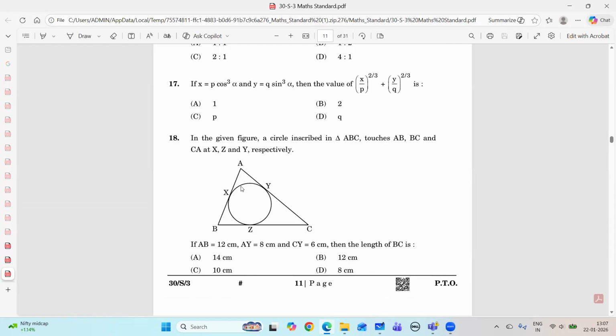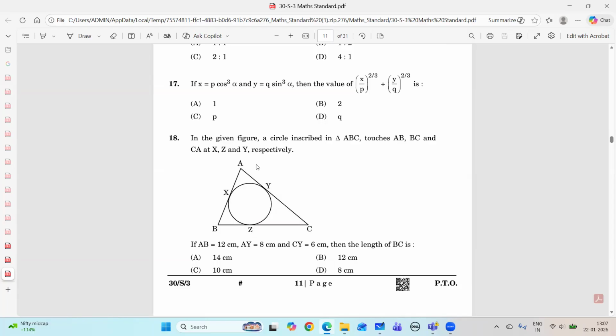This is the circle, okay? And the sides of this triangle AB, BC, AC are touching this circle. A circle is inscribed means the sides of this triangle are touching this circle. So the points of contact of these sides with this circle are X, Y, Z respectively.